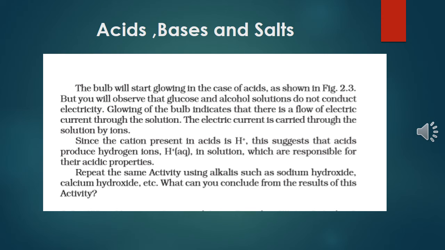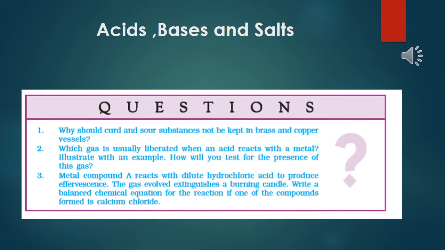Let's now discuss a few questions and answers. Question number 1. Why should curd and sour substances not be kept in brass and copper vessels? This answer I already discussed with you. I told you that when acid reacts with metal, then hydrogen gas is liberated along with salt.